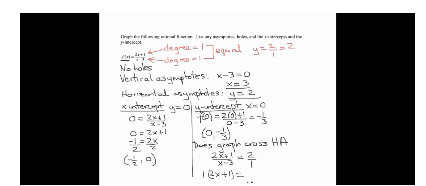Cross multiply, so 2x plus 1 times 1 has to equal 2 times x minus 3. So I get 2x plus 1 equals 2x minus 6. Subtract 2x from both sides, and if you notice, all your x's disappear and you get 1 equals negative 6, which is definitely false, so it does not cross the horizontal asymptote.